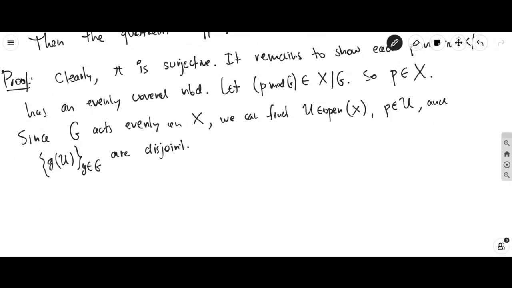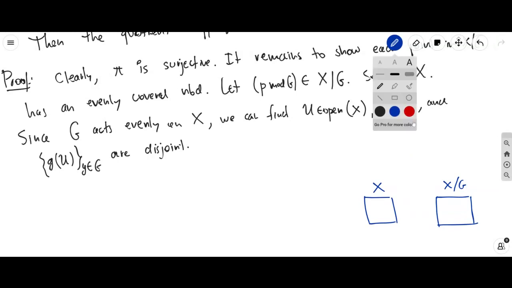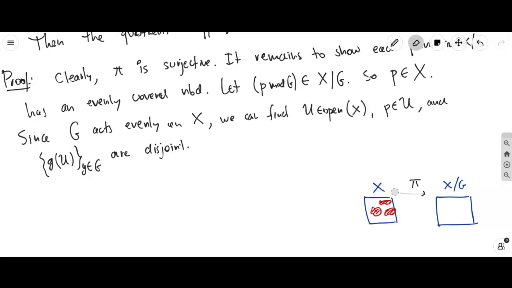Well, I think maybe a picture would be helpful. This square represents X mod G, and this square represents X. You have a point here, and around that point you found an open set, and you have all of its translates. But you have this quotient map pi. Now, if you apply this quotient map pi to all of those, they will actually end up in the same thing.